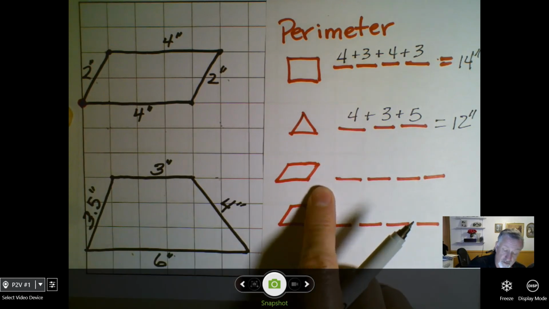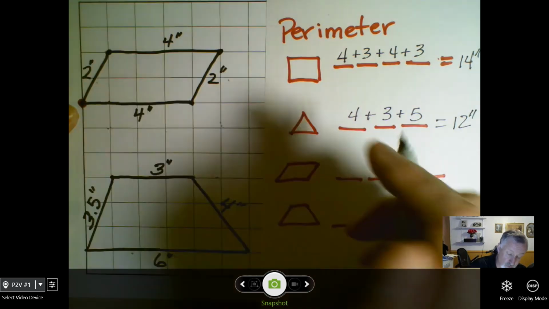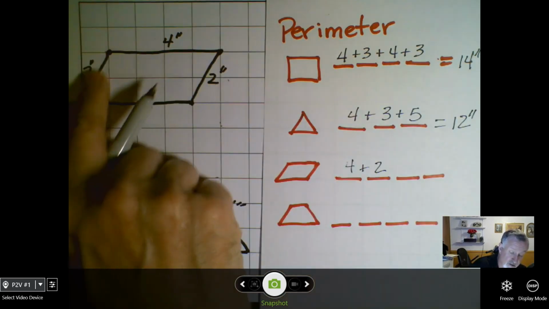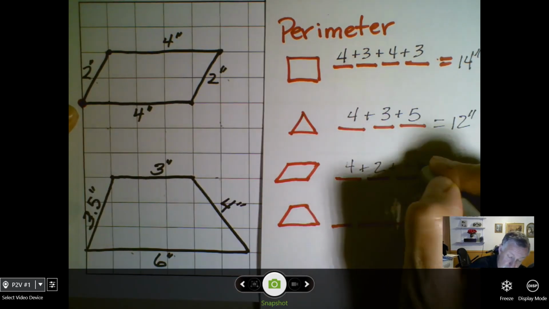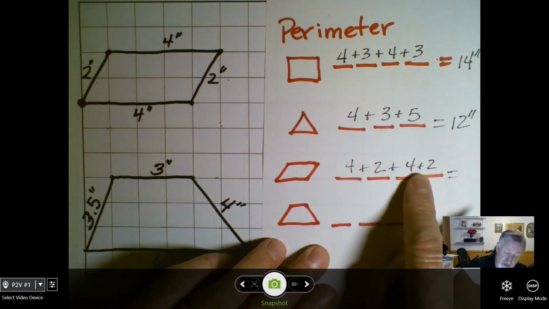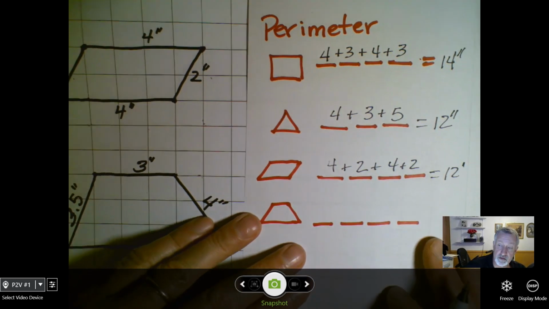So for the perimeter of a parallelogram, start here, let's go 4 and then 2, and then 4, and then 2. And that equals 6 plus 6 is 12. 12 inches.